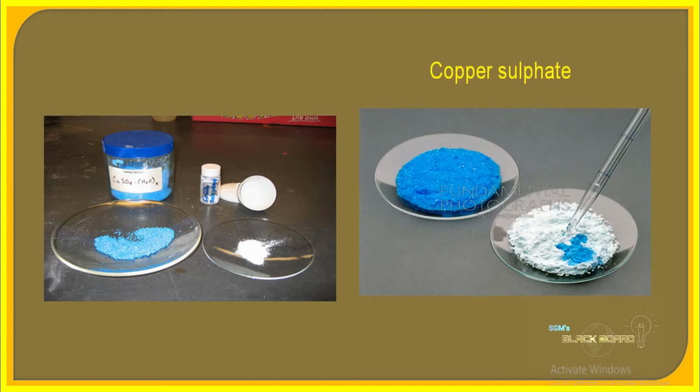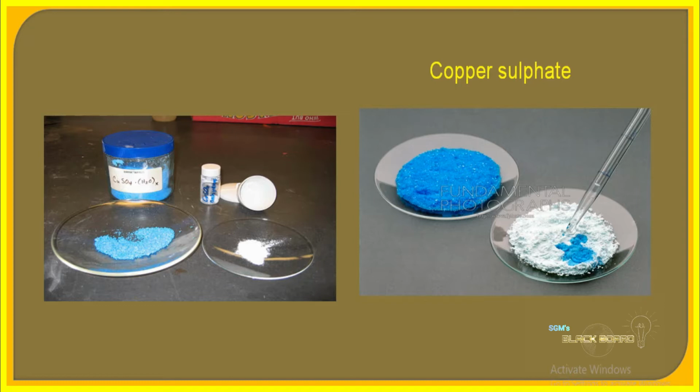While heating, the blue copper sulfate loses its water molecules so that it turns white. While adding water molecules, it again becomes blue in color. So here only the color changes. So this is also an example of physical change.